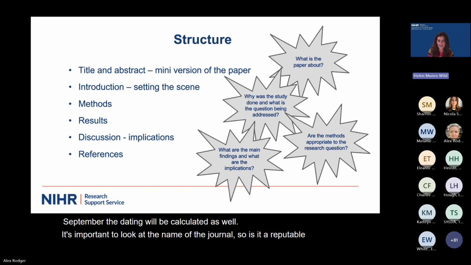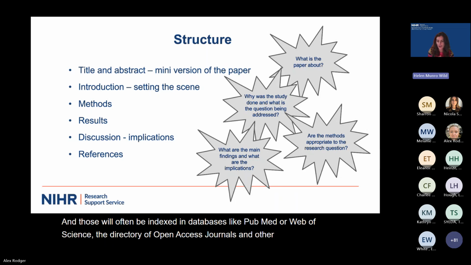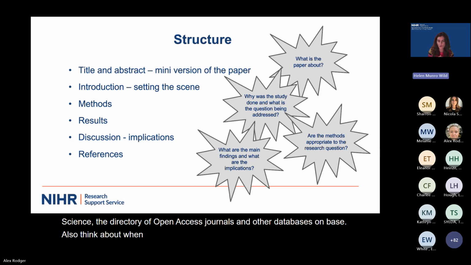Those will often be indexed in databases like PubMed and Web of Science, the Directory of Open Access Journals, and other databases like Embase. Also think about when the paper was published, because often you may not be interested in anything that's older than 10 years. It really depends on, again, what the purpose of reading the article is.